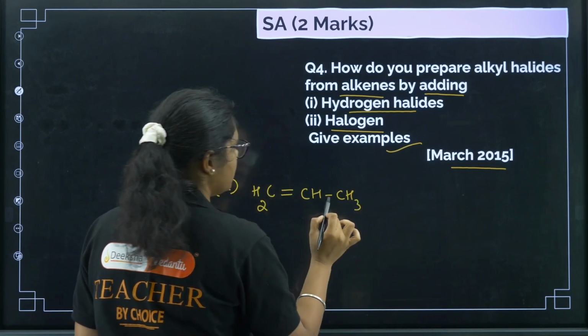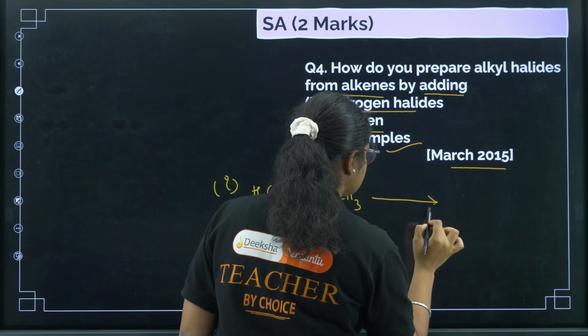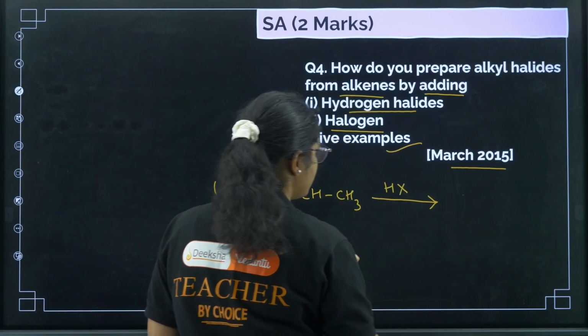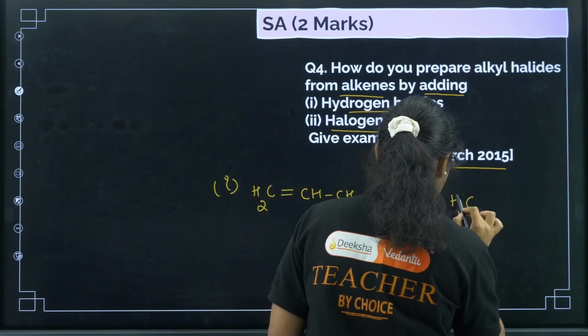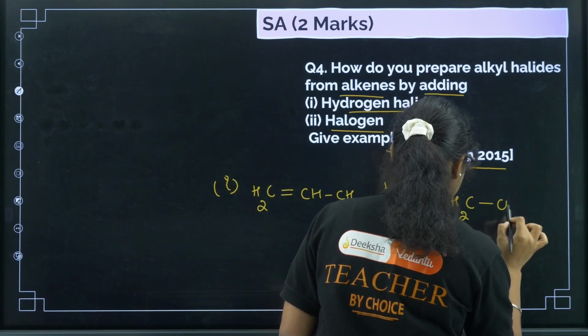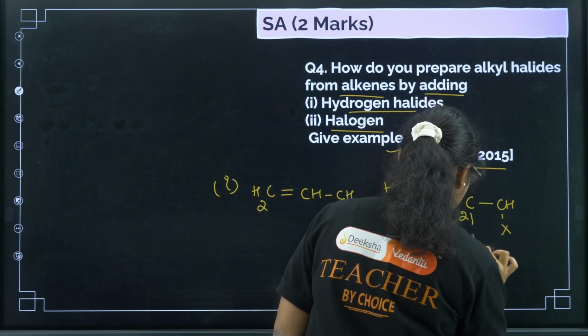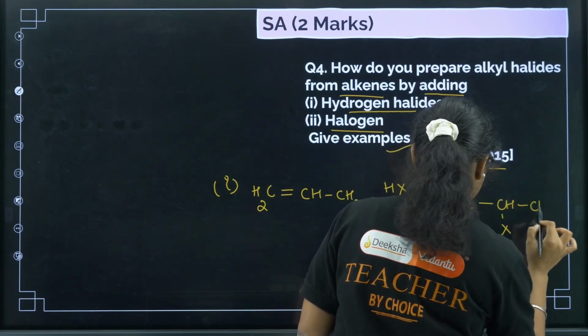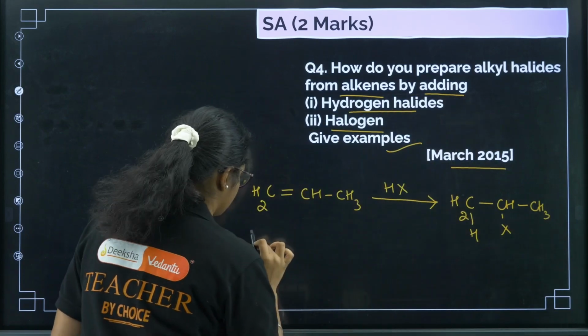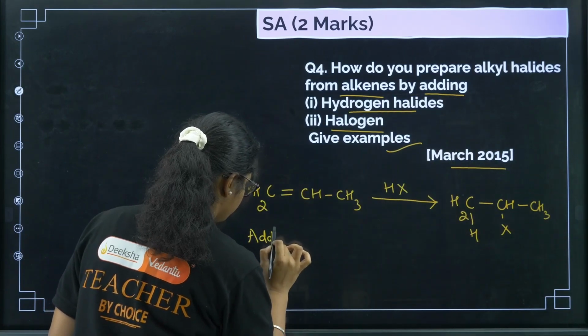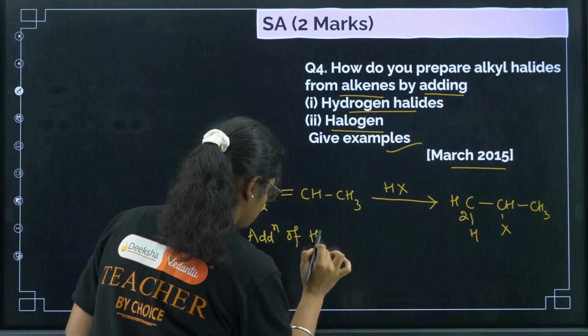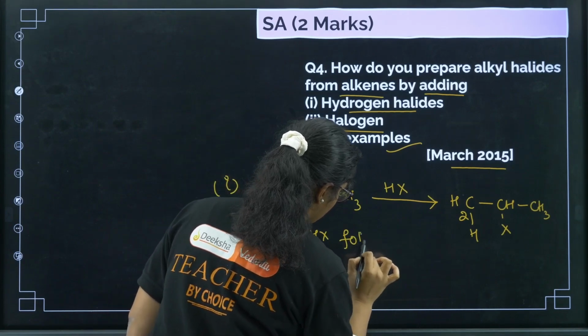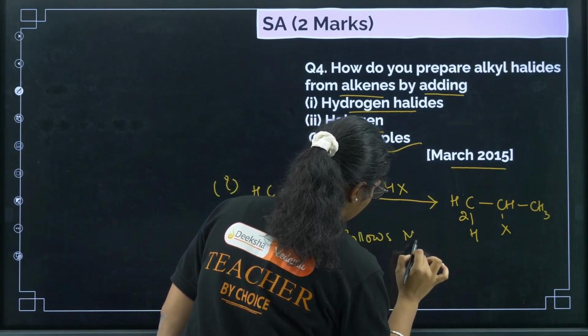I have taken propene and hydrogen halides, right? So I will add HX, okay, and then I will write the product here, CH2 CHX, and here H, and here CH3. Here you can write down a statement: addition of HX follows Markovnikov's rule.